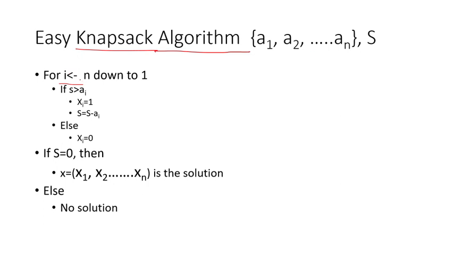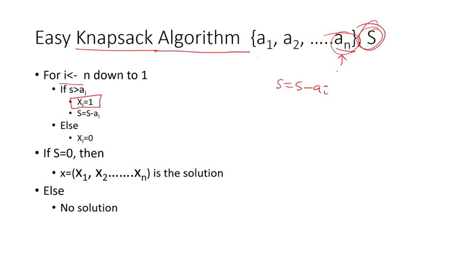So you have to start from the last number till you reach the first number. You first check whether s, the value that you want to compute, is greater than ai. If that is greater, what you do is you assign xi equals 1 and you compute the value of s, which is s equals s minus ai.